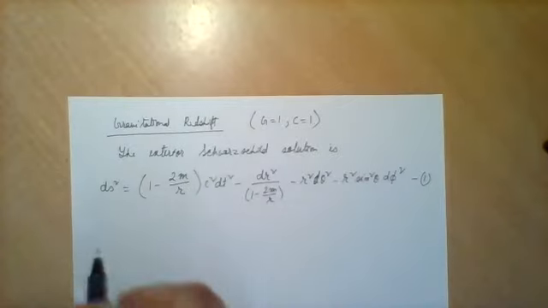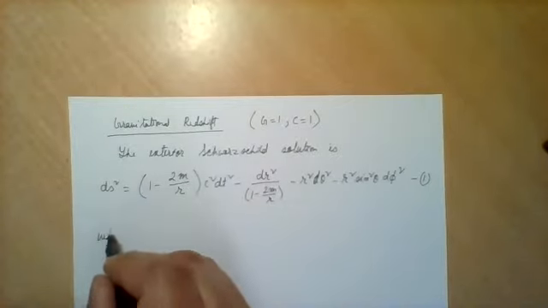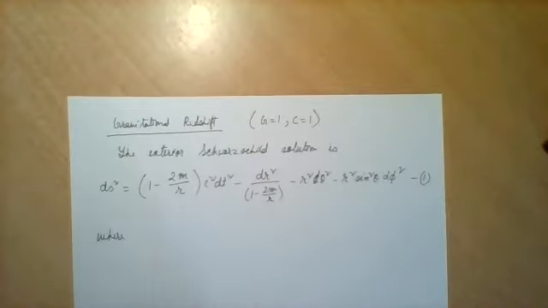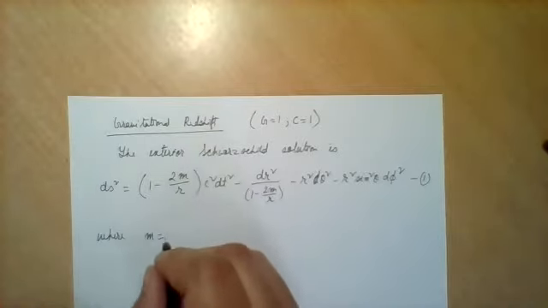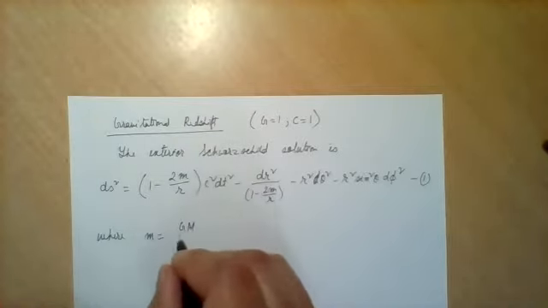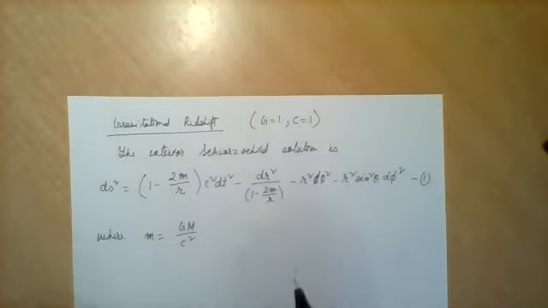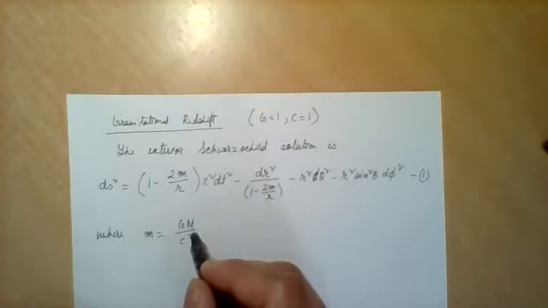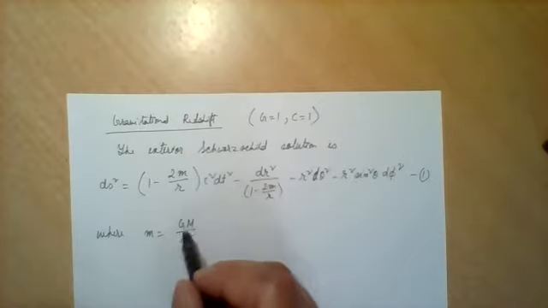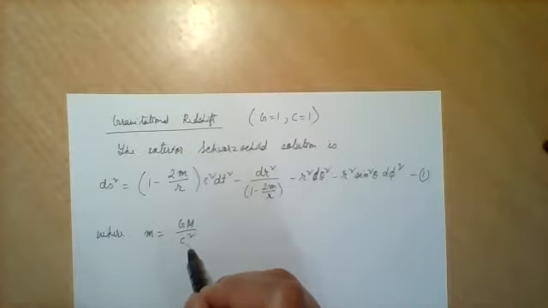Or we can also define this m in our usual units. This m can also be defined as GM by c square, where now capital M is the mass of the star, G is Newton's gravitational constant, c is the speed of light in vacuum.